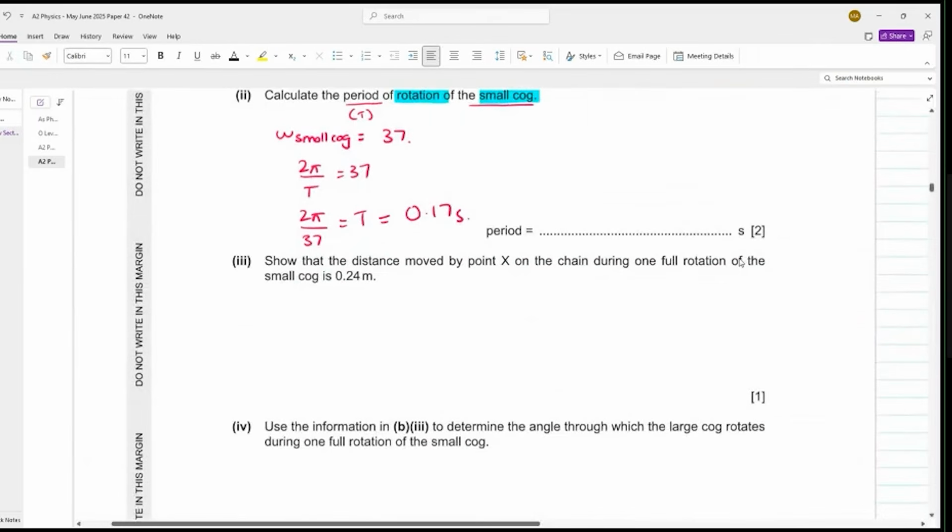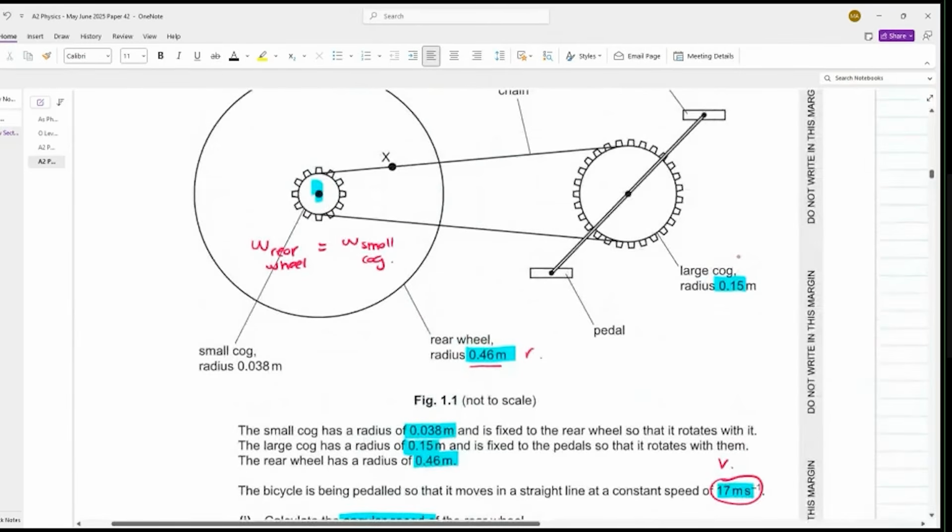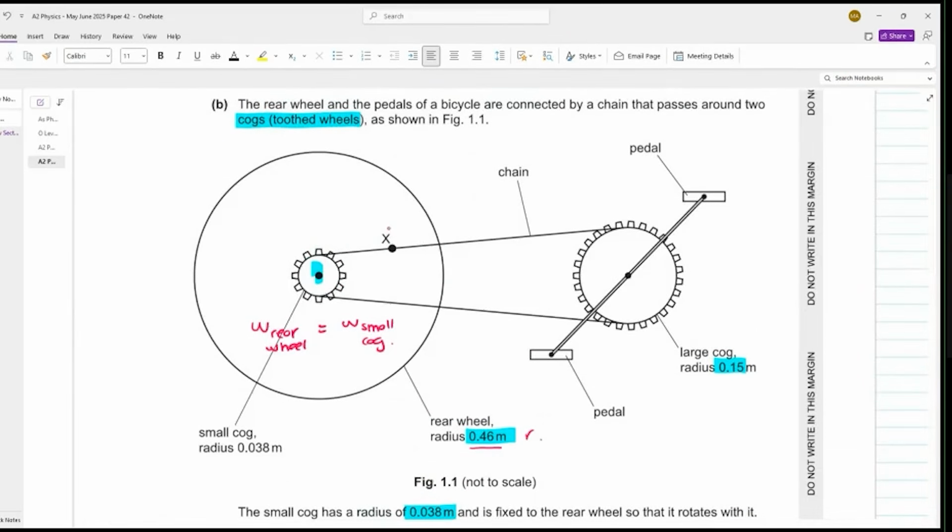Show that the distance moved by point x on the chain during one full rotation of the small cog is this. Actually, this is point x. You have to calculate the distance moved by point x when the small cog performs one revolution.